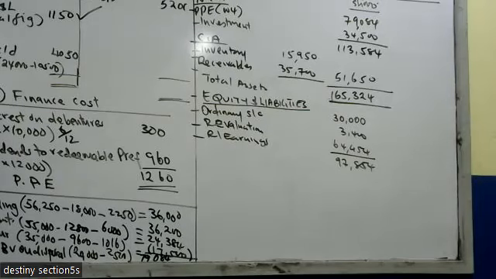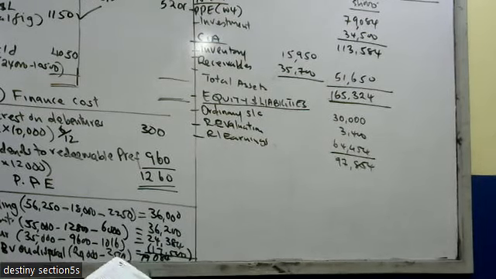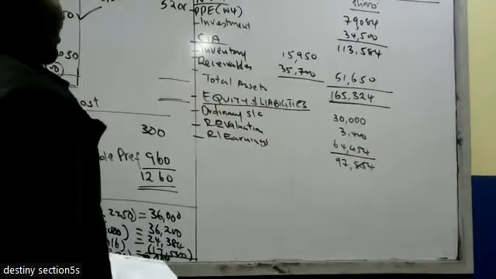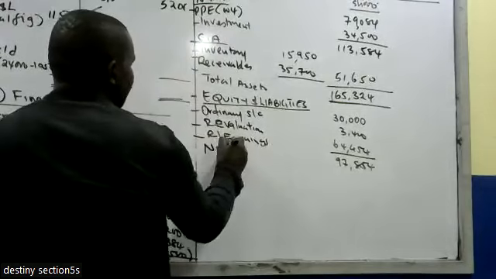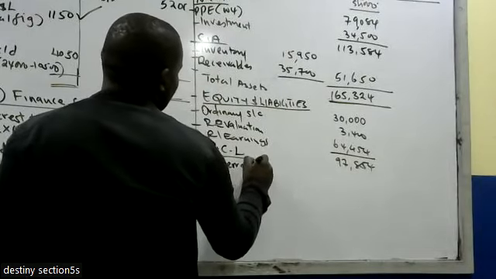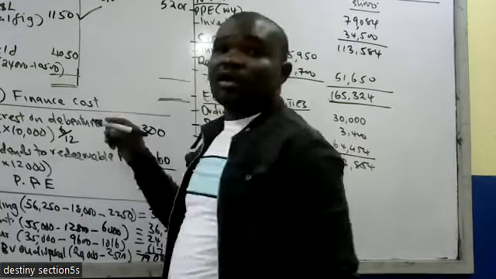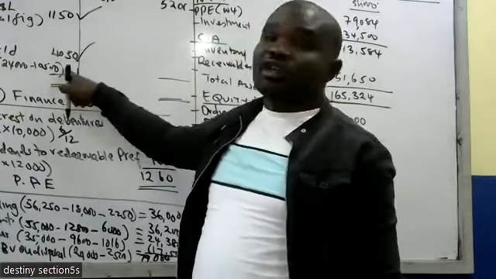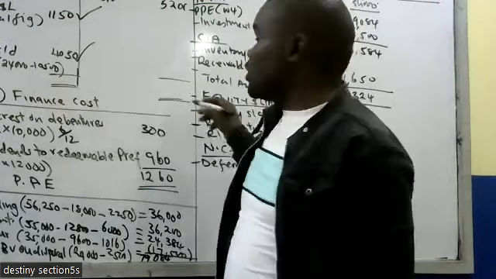We proceed. Total assets, we finished that there. So we are at equity and liabilities. Non-current liabilities, deferred tax. Deferred tax, take this one. This closing, 40/50. Balance sheet, you take the closing.